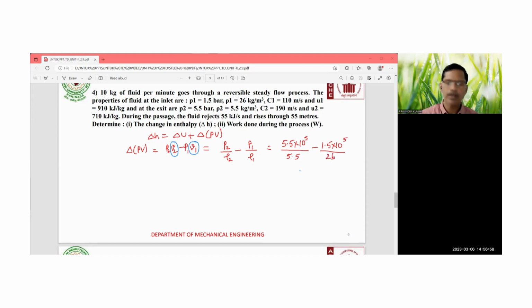When you solve this, you will get the flow work as 94.23 kilojoules, and later let's call it kilojoule per kg, because the flow rate is already given, which we will look at next time.